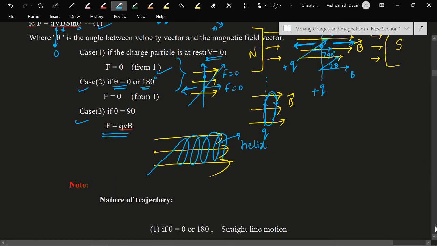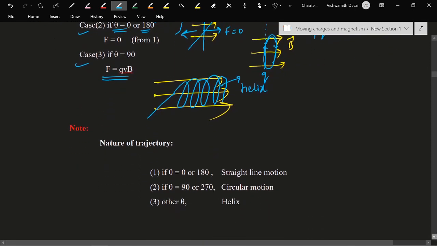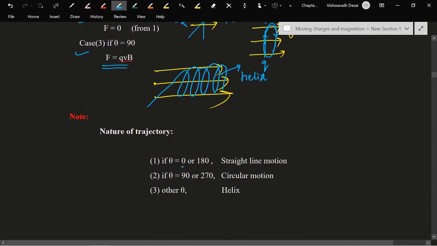Therefore, if theta is equal to 0 or 180 degrees, the trajectory is a straight line. If theta is equal to 90 or 270 degrees, the trajectory is a circular path. If theta is other than these values, then the trajectory is a helical path. That's what you are observing here.